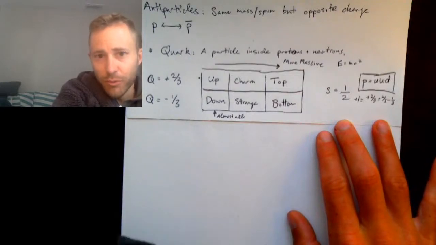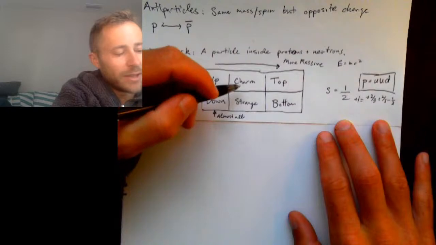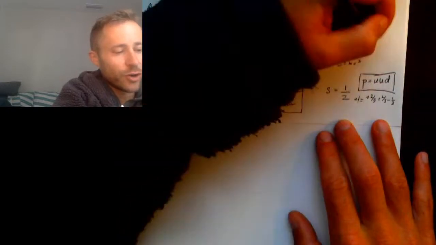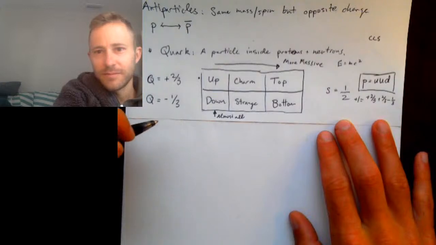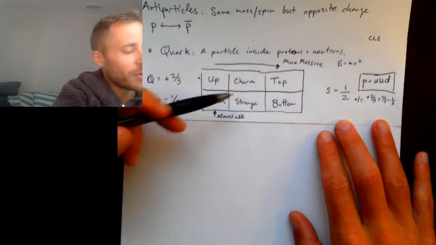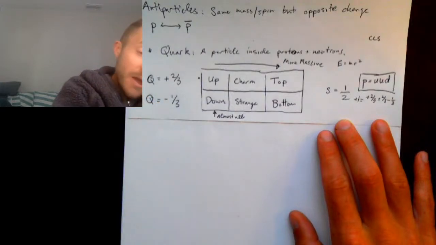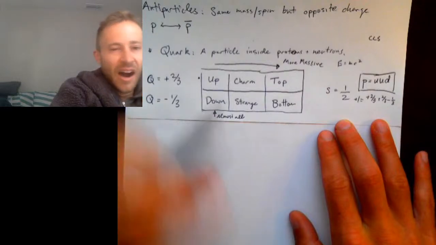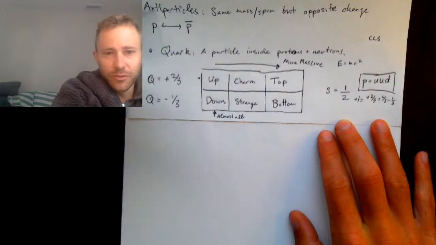Okay? So that is the correct charge. That's not really proof, but you could imagine making a particle that is charm, charm, strange. And that would be an interesting particle. I mean, it exists. It's just really unstable.